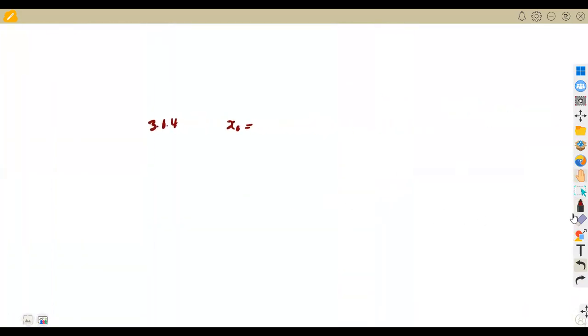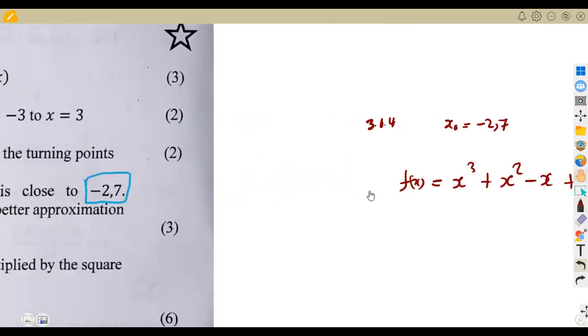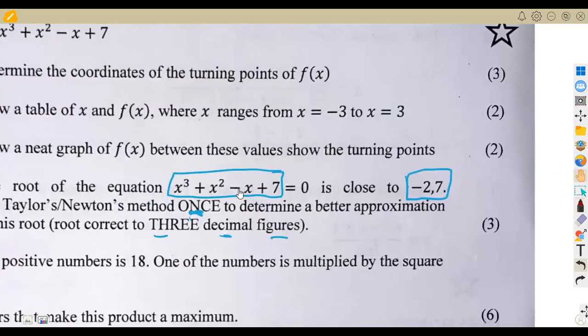Remember, our f of x was given as x cubed plus x squared minus x plus 7, which is this part of our function.